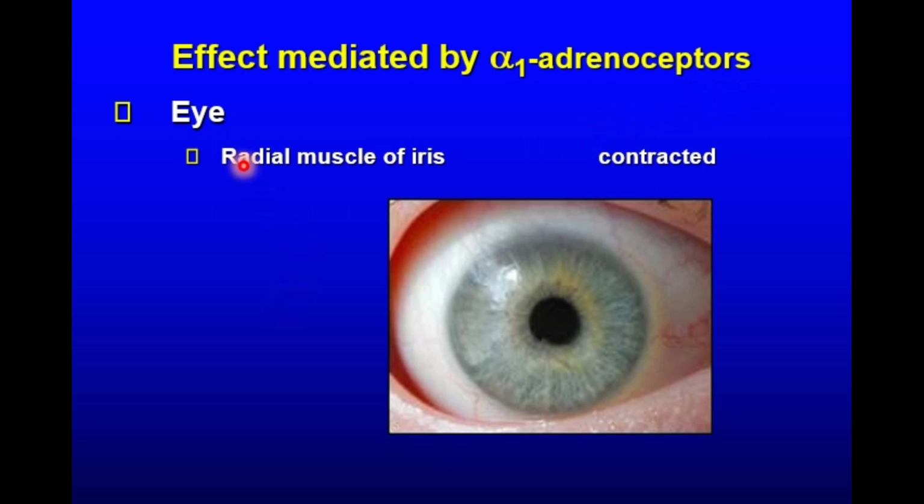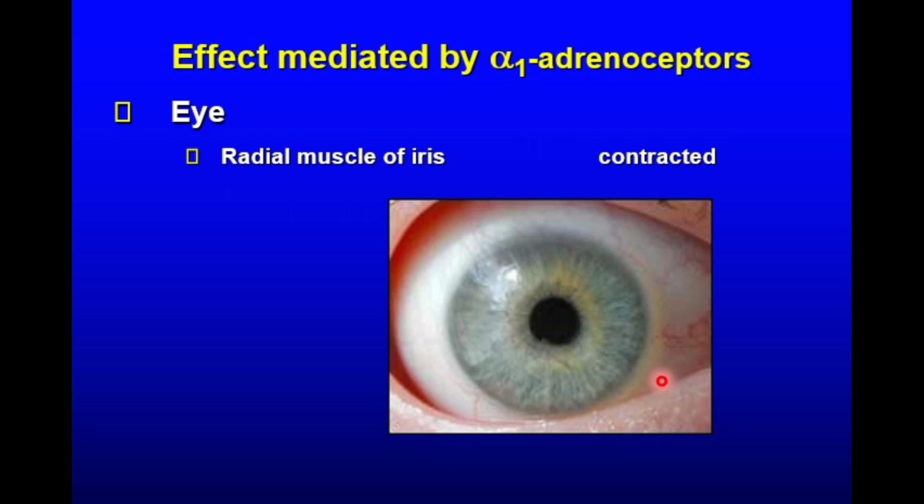The radial muscle of the iris, innervated by sympathetic neurons, has alpha-1 adrenoreceptors, and alpha-1 receptor agonists cause contraction of the radial muscle of the iris, causing mydriasis.